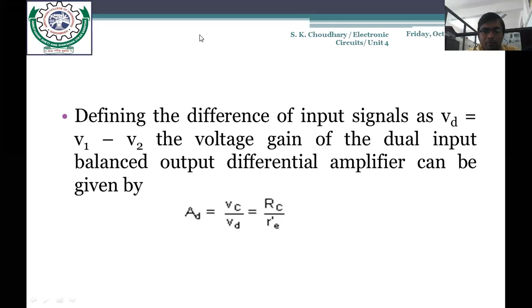So, today we will start the lecture on the same topic that we were discussing yesterday, the differential amplifier. That is one of the building blocks of the op-amp.